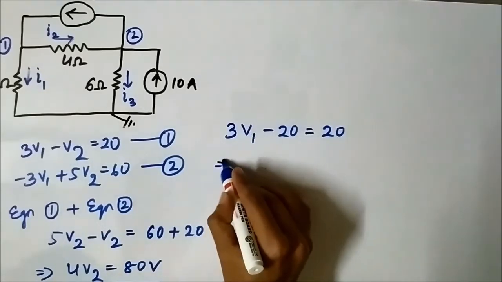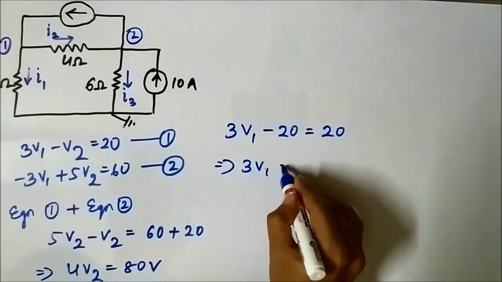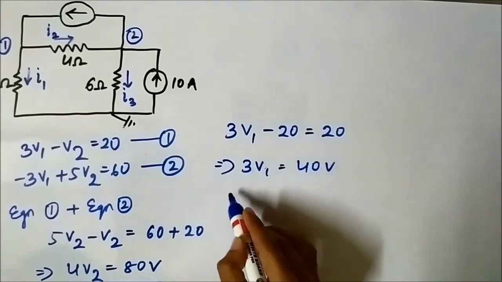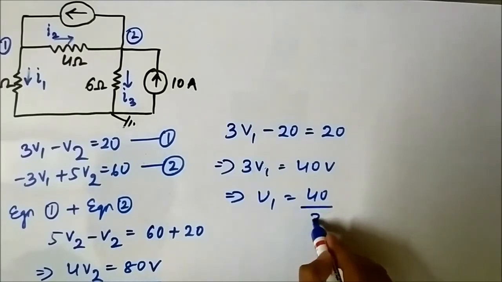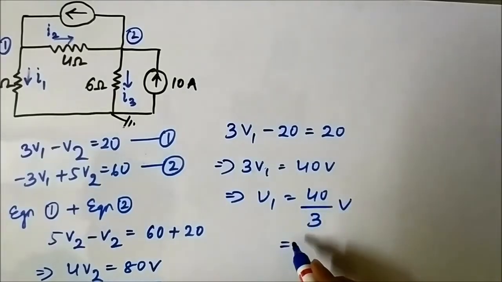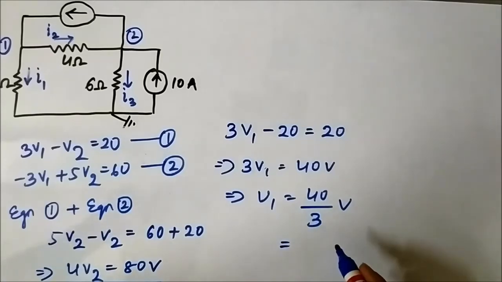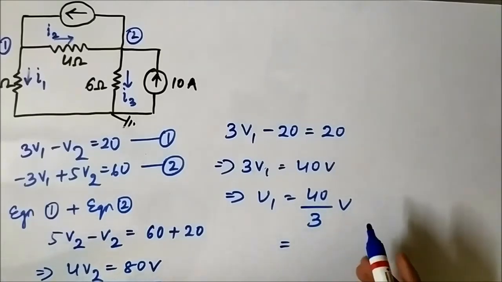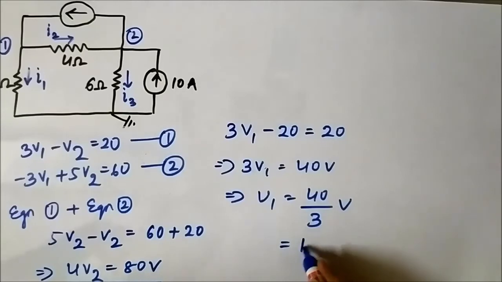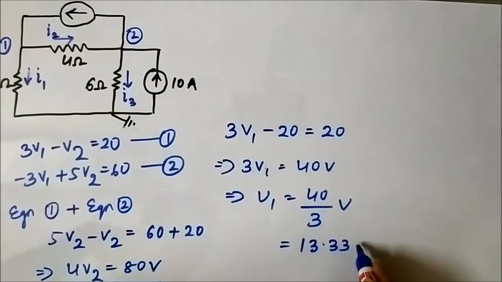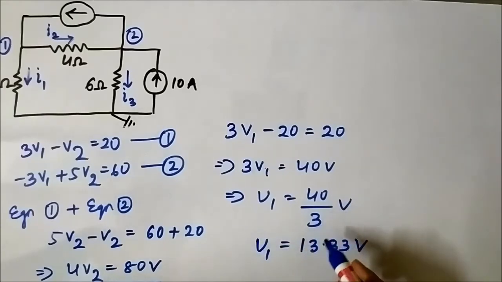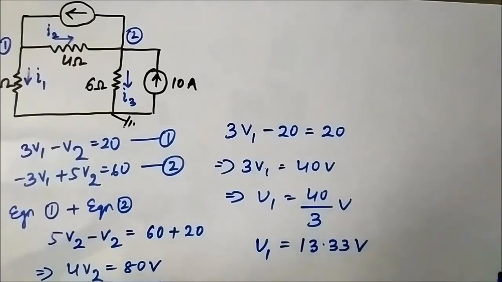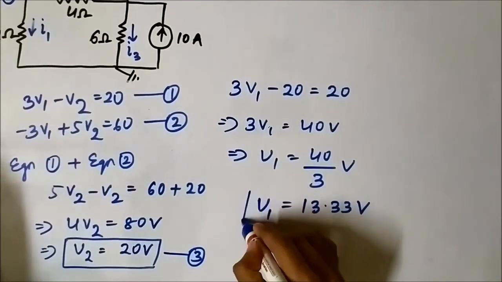Okay, that implies 3V1 is equal to 40 volts. That implies V1 is equal to 40 by 3 volts, which is 3 into 13 is 39, so it is around 13.33. So V1 is 13.33 volts. This is the value of V1.